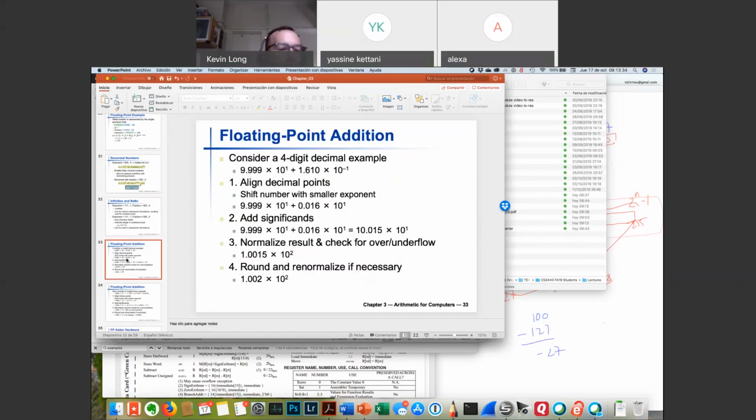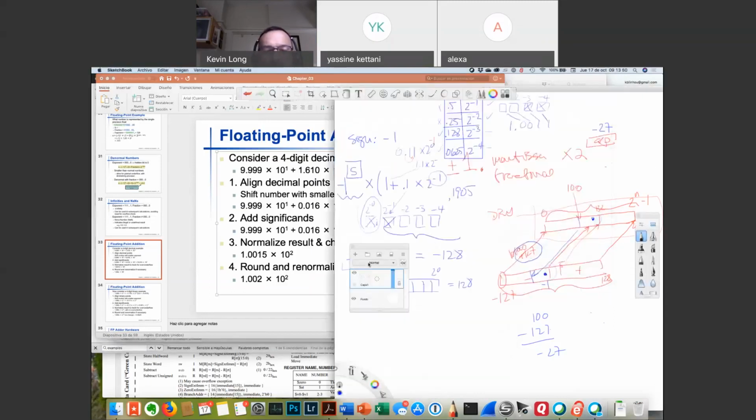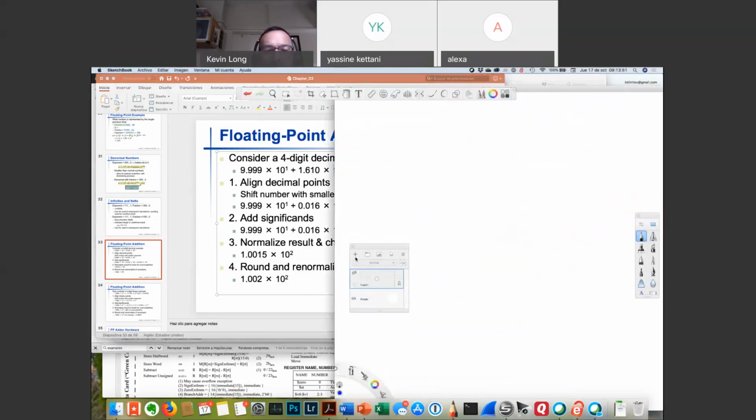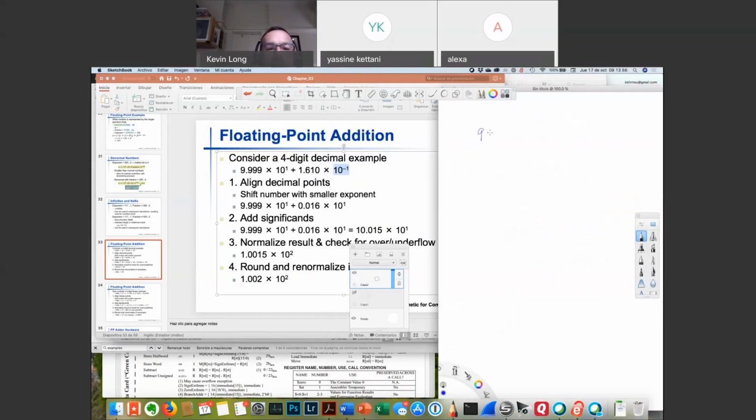If you need to add numbers together, if you have a 4-digit decimal example, like 9.999 plus 1.610, and the signs are different, what you have to do is align the decimal points, right? You know this. We've done this our whole math lives. So if I write these out, 99.99, that's what this first number is.